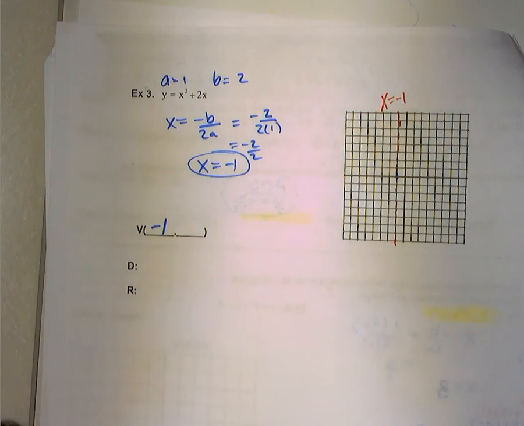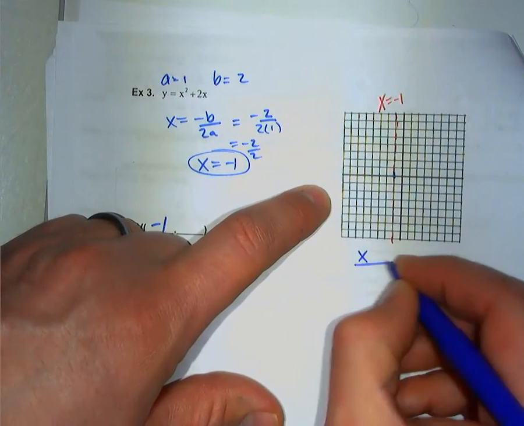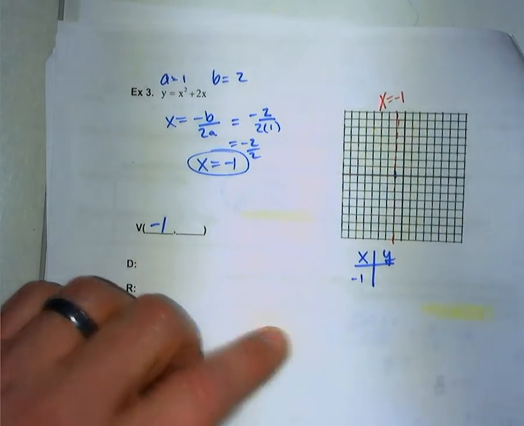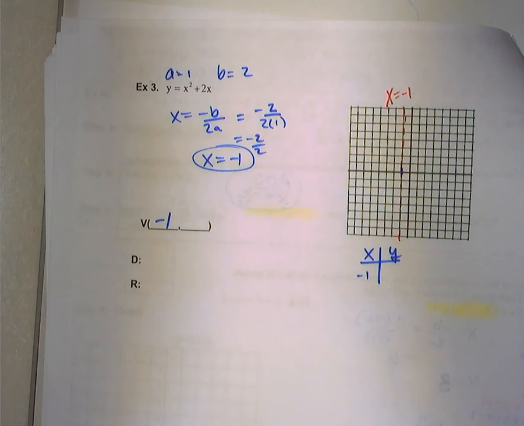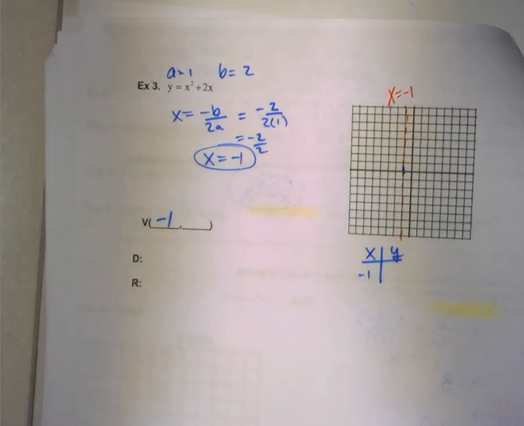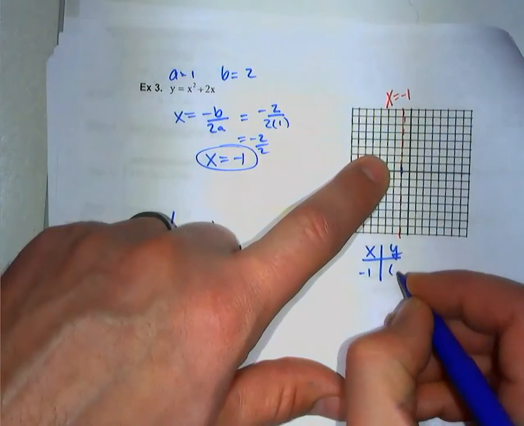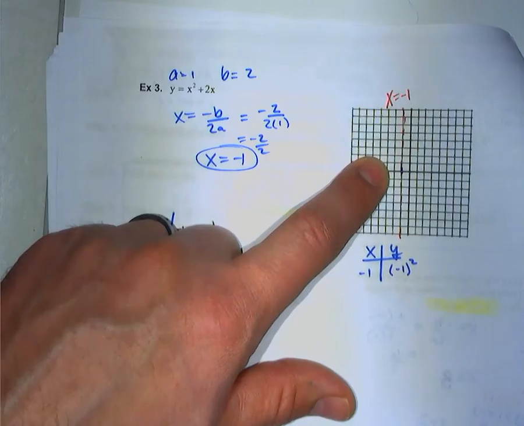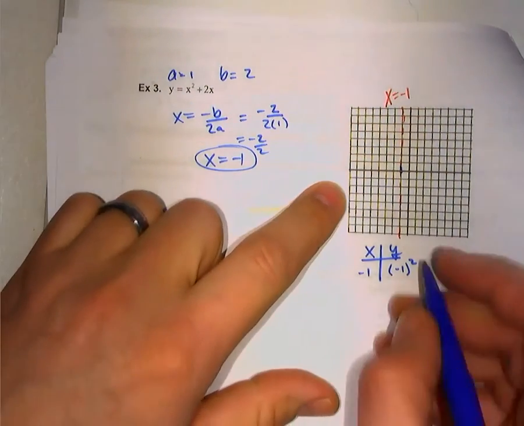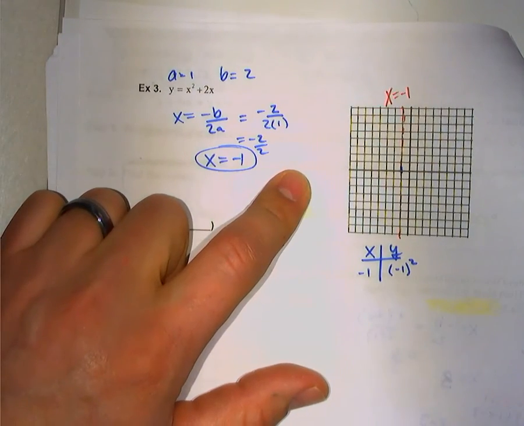All right, well, now we got to find the y value. We got to plug it in. You got to plug that negative 1 in. If you want to use a table, you should be able to use a table. Helps you guys visualize what's going on. Go ahead and take negative 1 and square it. I'll write this one out for the vertex so you can see it. If I plug in negative 1 and square, make sure you put parentheses if you're using your calculator.